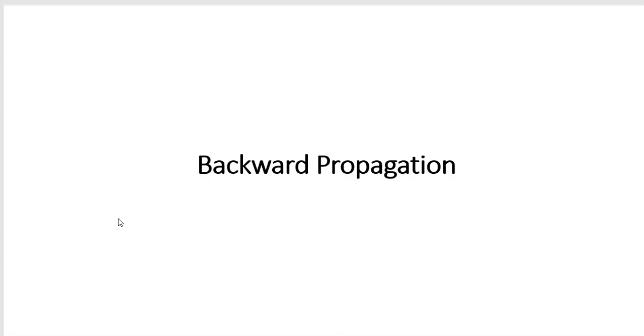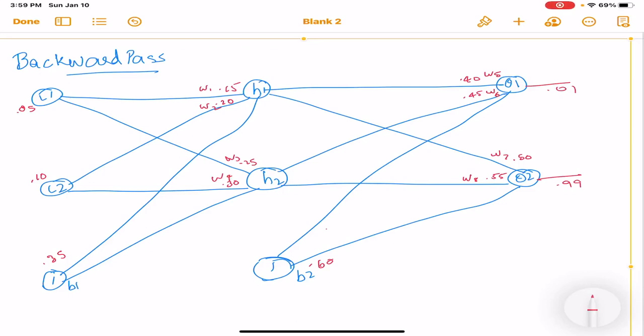our network. So let's get started with the same network which we have used, and we have already computed its total error based on forward propagation. So let us start with the backward pass.